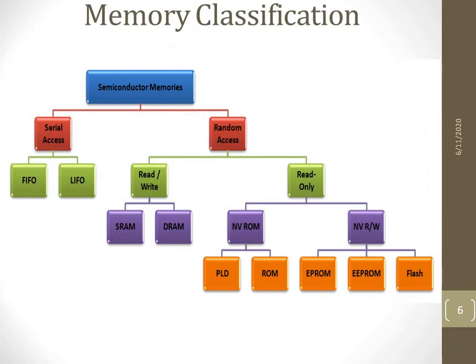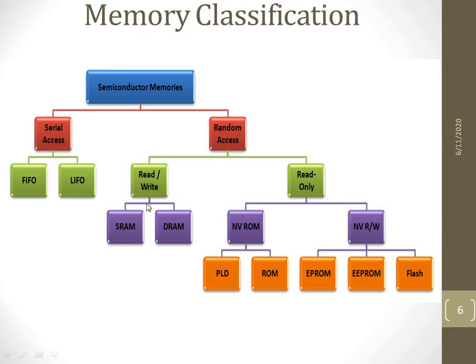Now moving on to the classification of memory. Semiconductor memories are basically classified into two categories, random access and serial access. In serial access, there are first in first out and last in first out, whereas in random access there are read write memory, that is RAM, and read only memory, that is ROM.